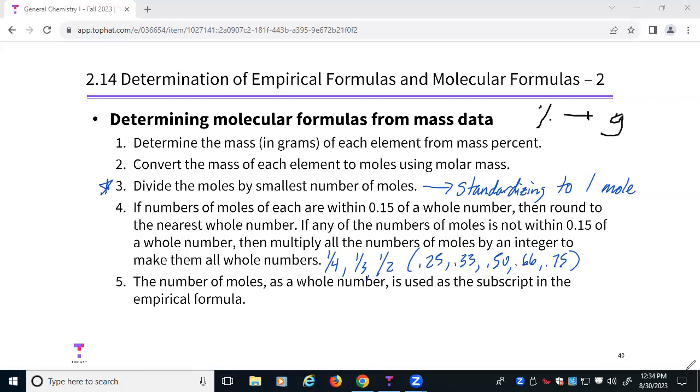I would suggest the same thing to you, because if you do it another way, if you take everything and multiply it by 9 and get Cu9S11, yeah, your percent error is going to look great, but there's no such thing as Cu9S11, and that's going to be your problem. It's better to be wrong from an experimental error standpoint but have the right formula, than to have the wrong formula and have great percent error.